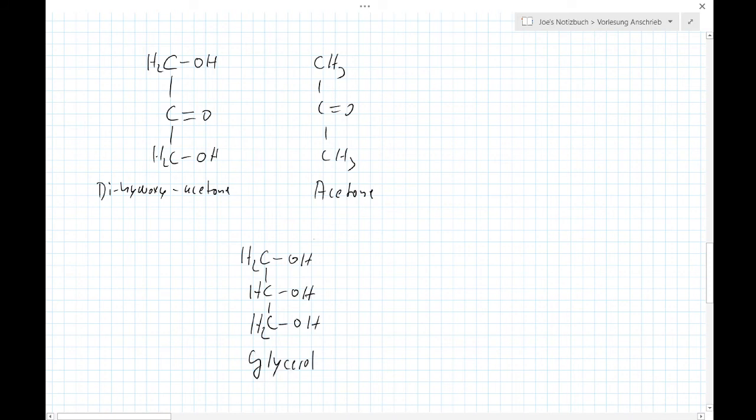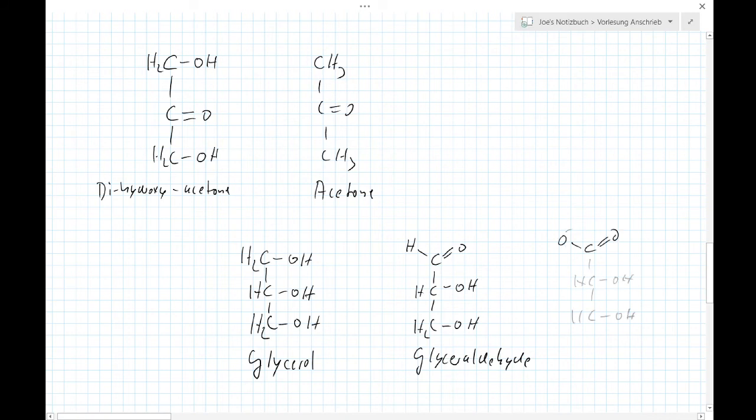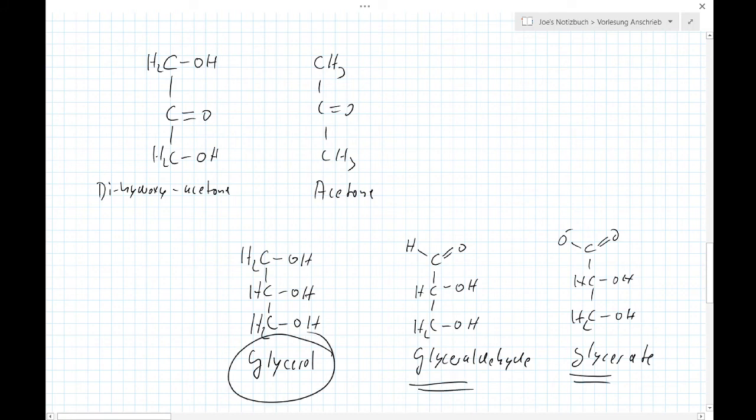If I put an aldehyde group here, it's still the glycerol backbone, and it's called glyceraldehyde. So it's derived from glycerol. All the alcohol, aldehyde, in this case even the sugar. And we have learned before that an acid is an -ate, and if I put a carboxyl group here, this is glycerate. So all of this comes from glycerol. This is derived from this.